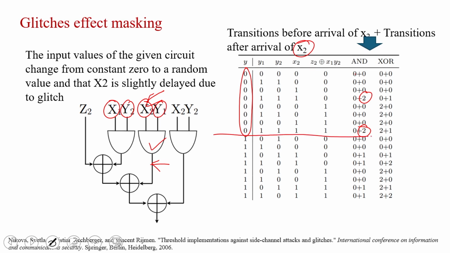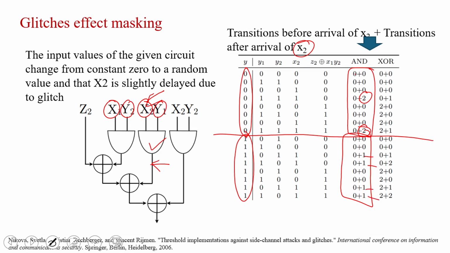If you make a line here, this part before is the value just before the glitch, and this is after the glitch. So, before the glitch it was 0 and then only in 2 cases it changes, and whenever y is 1, you see the numbers, in 4 cases it is non-zero, right.